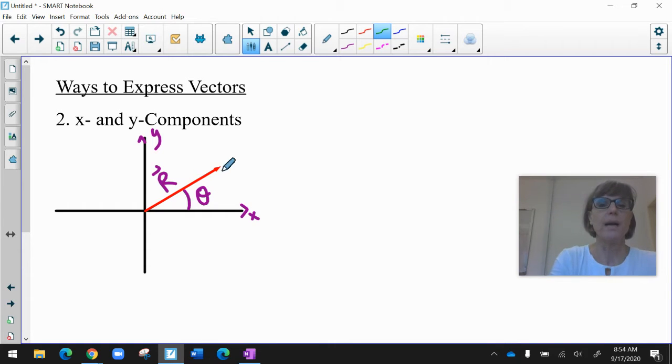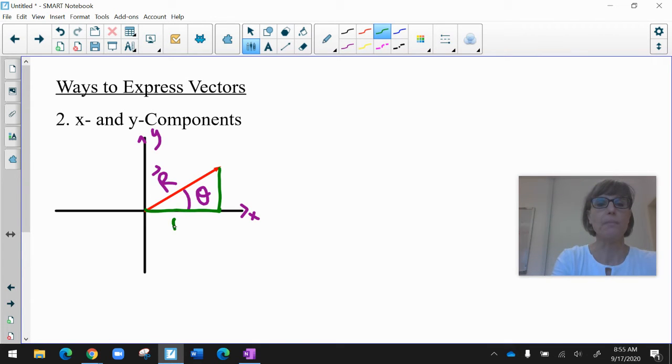But if I drop a vertical down from the tip of my arrow, and then I connect the origin to that point, what have I made? Well, it's a right triangle. And you actually know a whole bunch of stuff about a right triangle, especially because the hypotenuse of that right triangle is the length or the magnitude of my vector r.